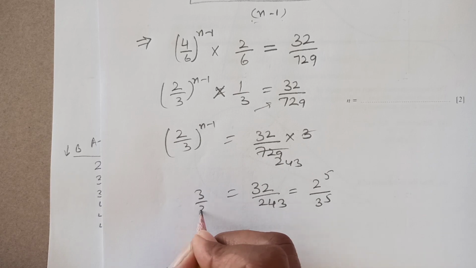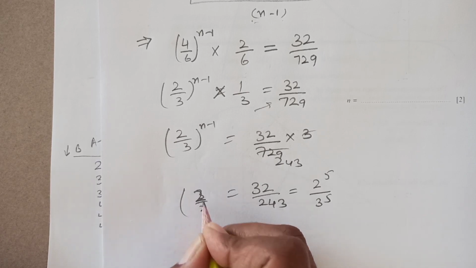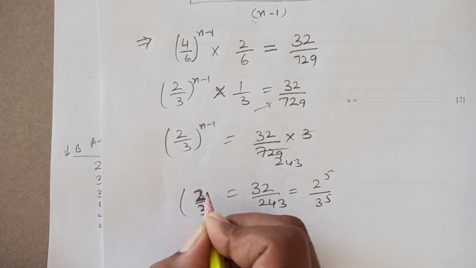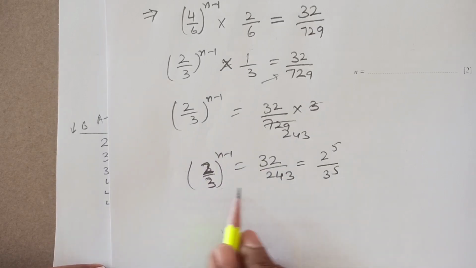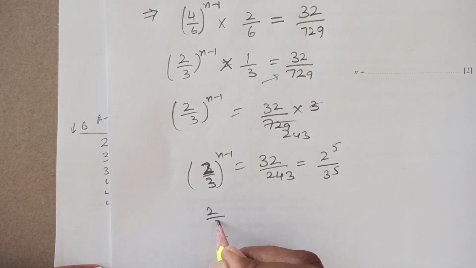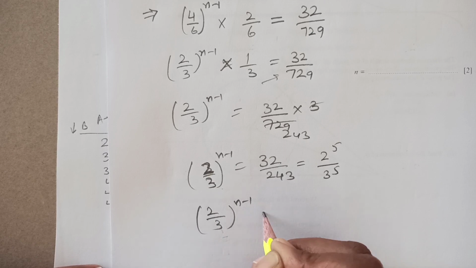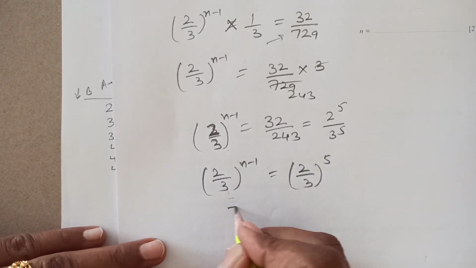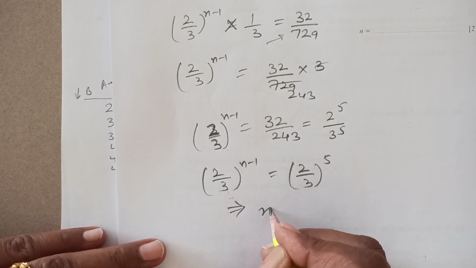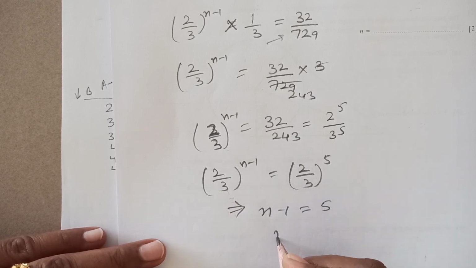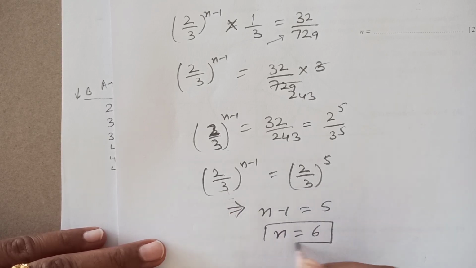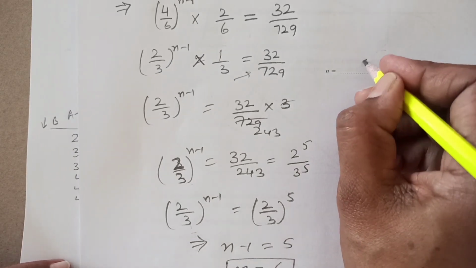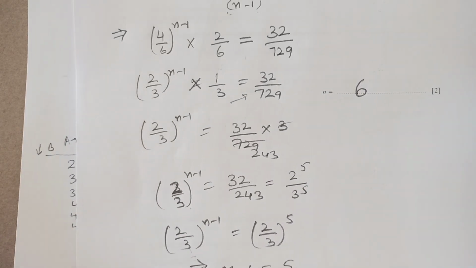So 2 over 3 power n minus 1 equals 2 over 3 power 5. The base is the same, so n minus 1 equals 5 and n is equal to 6. So the value of n is 6.